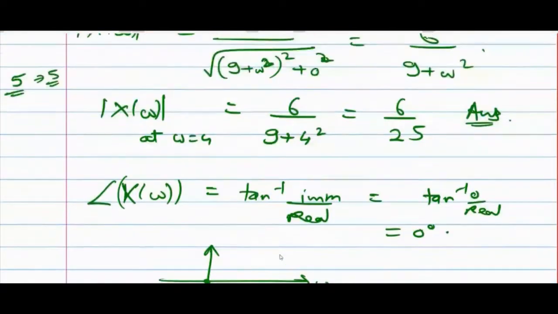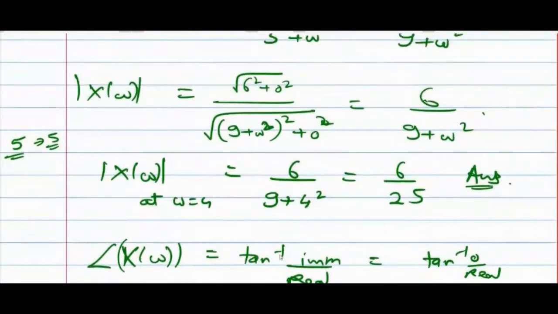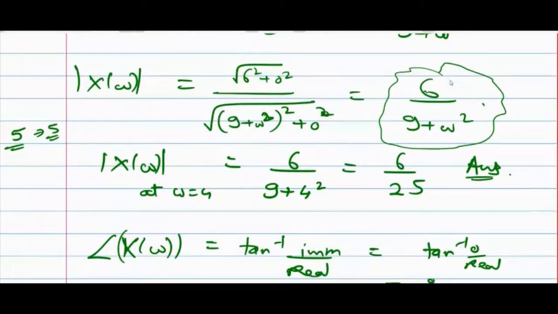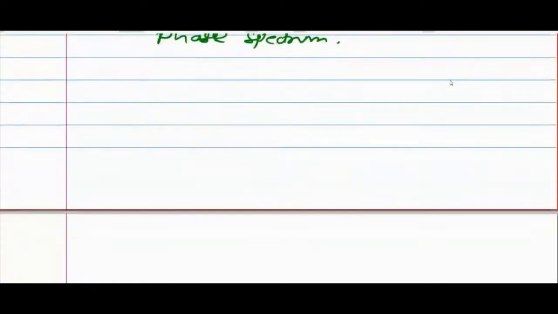And if you vary the omega, what will be the magnitude at omega equal to 0? At omega equal to 0, what will be magnitude? 6 upon 9 plus 0, which is 6 by 9.